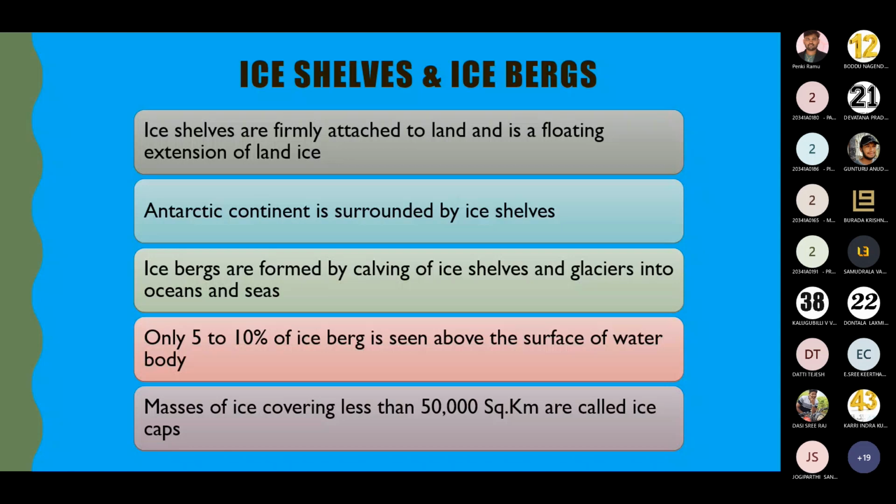This is an interesting thing. So close to 90% of the iceberg is submerged or present underneath the surface layer of the water body. So what we see on the surface is a very small fragment of the iceberg. Masses of ice covering less than 50,000 square kilometer are called as ice caps.